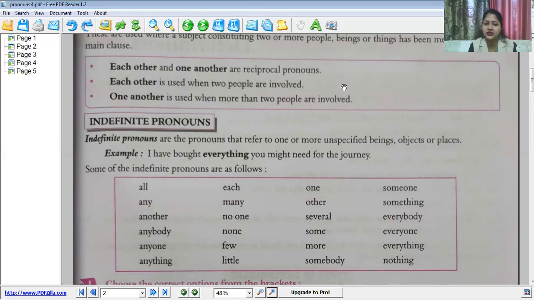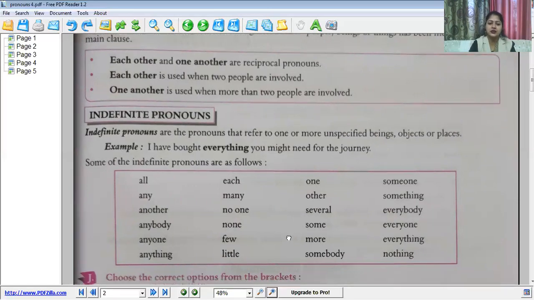So all these come under the head of indefinite pronouns when the thing that they are specifying is unspecific, when they are indicating something which is unspecific. Could be objects, could be beings, or could be some place.